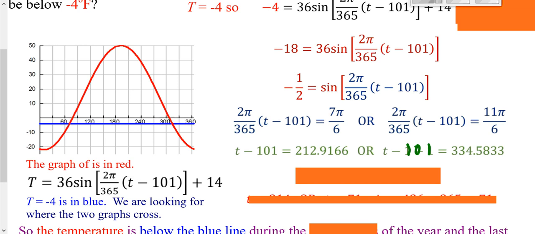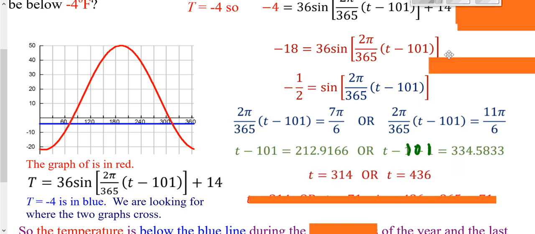I need to get each one of these where t is on one side by itself. So I've got to add 101 to both sides here, and add 101 to both sides here. So this is about 213. If I add 101, I get 314. This is about 335. If I add 101, I get 436.